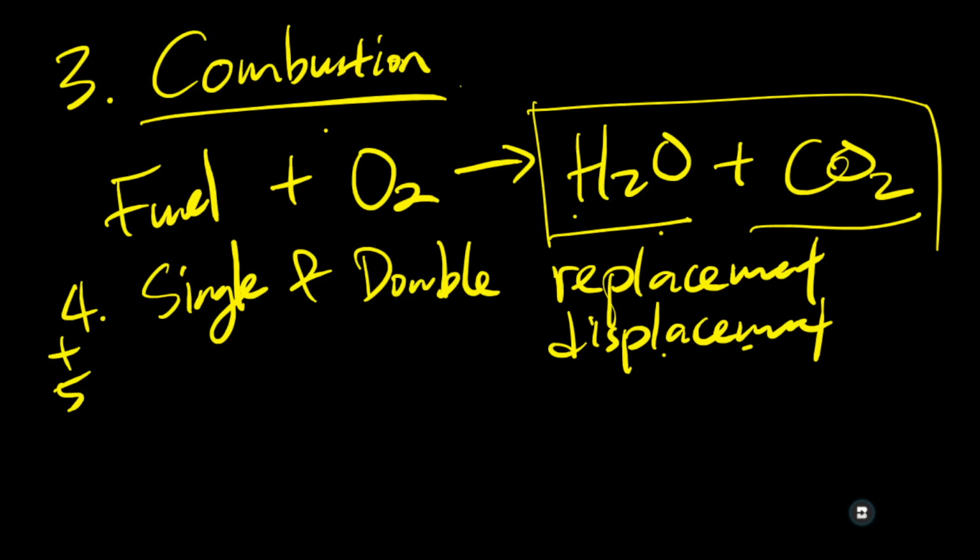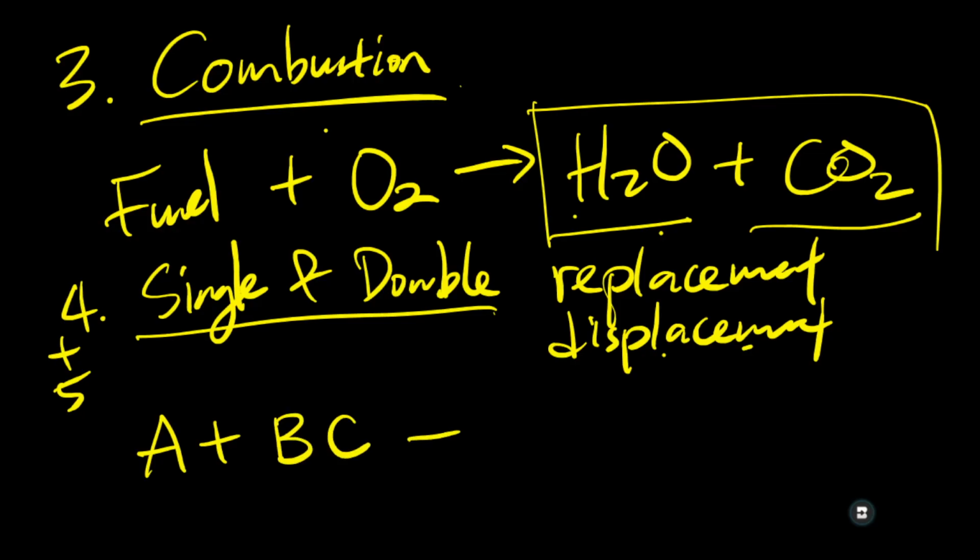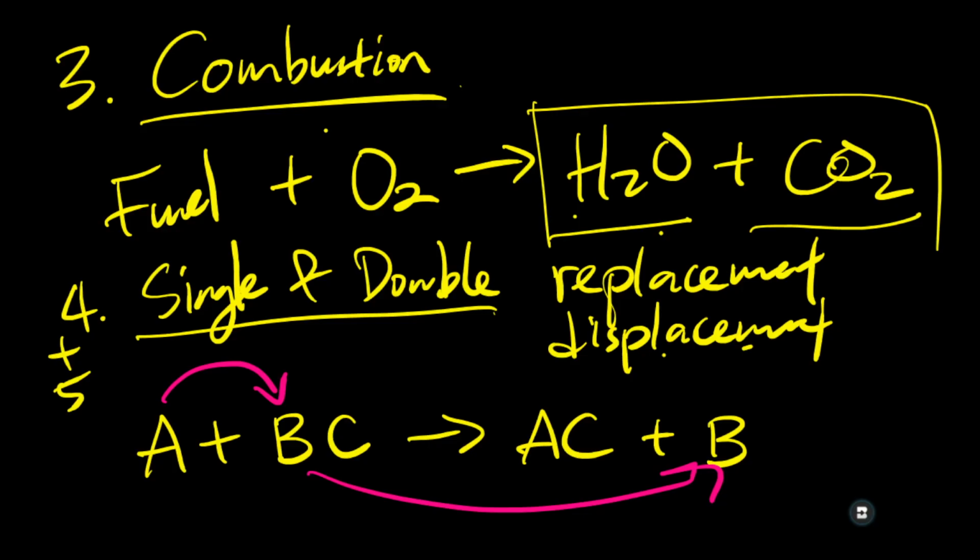Same reaction. So the single one is like this: A plus BC gives us AC plus B. So A replaced B, and B gets kicked off to be alone. So single replacement: one element gets replaced.